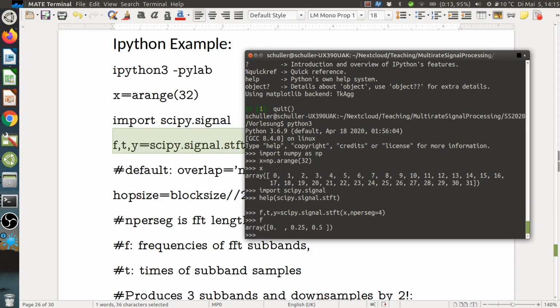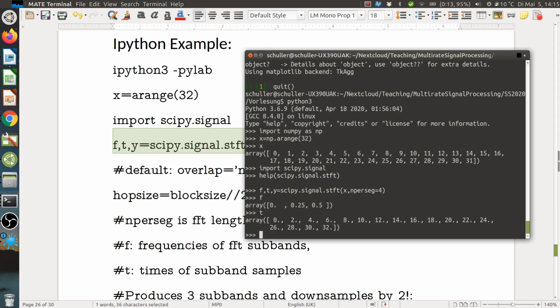Here we can see the normalized frequencies from 0 to 0.5. 0.5 in this case is the Nyquist frequency, because this normalizes the sampling frequency to 1. And T here is the corresponding numbers for our index lowercase m, right? So basically this is the time shift, the hop size.